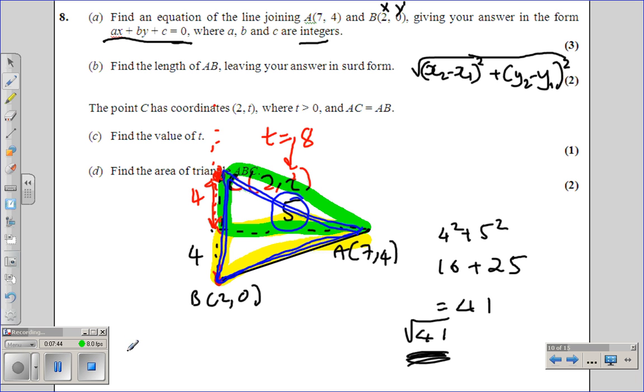The area of triangle ABC is a half base times height, so that's a half times 8 times 5, which is going to be 20. You can put units squared if you want, but 20 is fine. You don't put centimetres squared, it's not measured in centimetres. So the area of the triangle ABC is 20 units squared, or just 20.